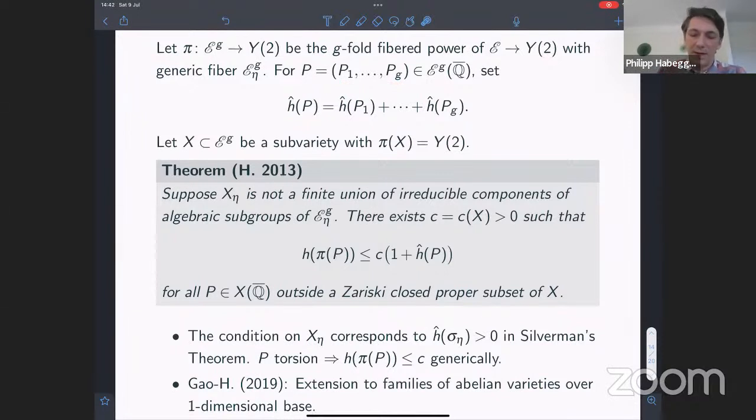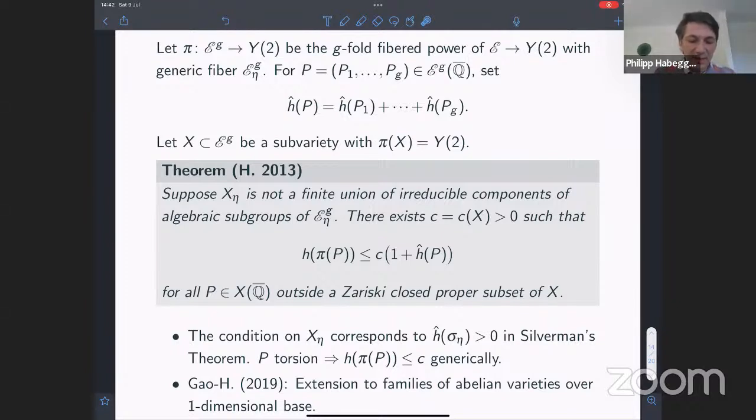And because I have a height on each curve, I can just take their sum and get a reasonable notion for height on this family of powers of elliptic curves. So in an attempt to study the higher dimensional analog of Silverman's theorem, we are led to the following height inequality.